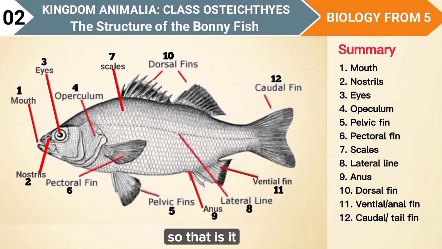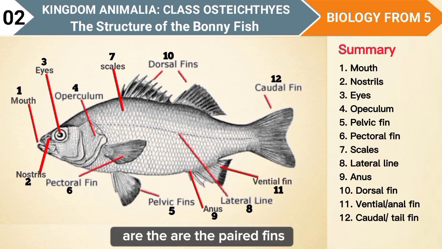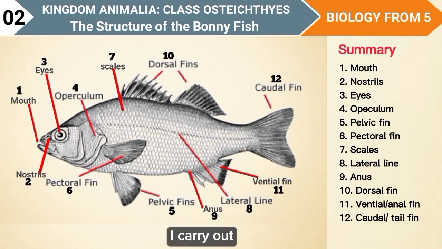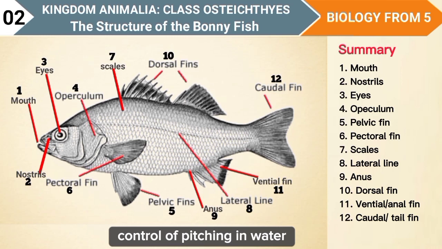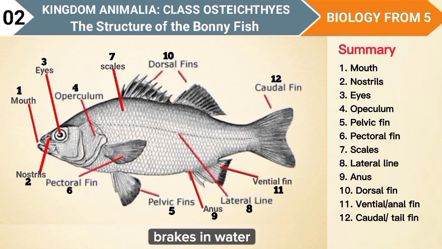So that is it. And then we concluded with number 5, number 6, number 10, number 11, number 12, where we said number 5 and number 6 are the paired fins that carry out balancing in water, steering in water, control of pitching in water, brakes in water.